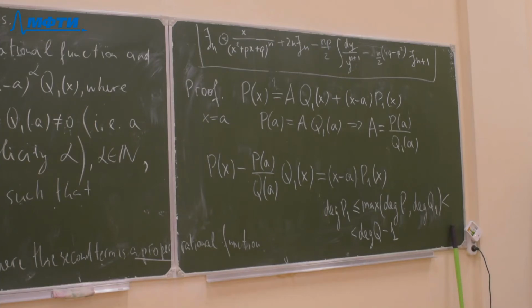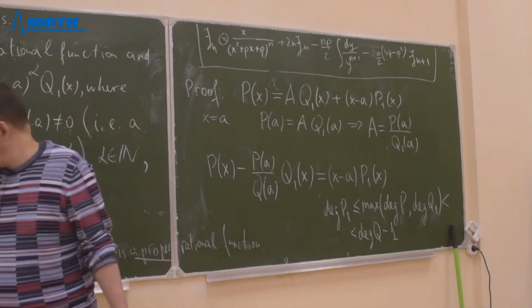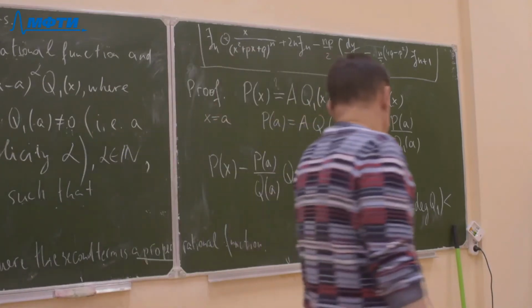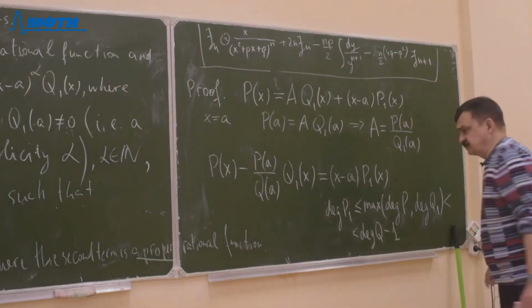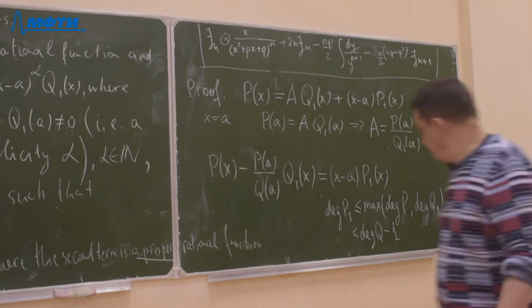Why is it strictly less? You need to consider here several cases: alpha equals 1, alpha not equals 1, because it's different in both cases, but you can check it easily. I will not do it. So, lemma 1 is proved then.